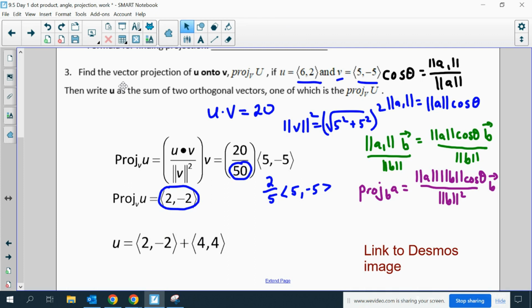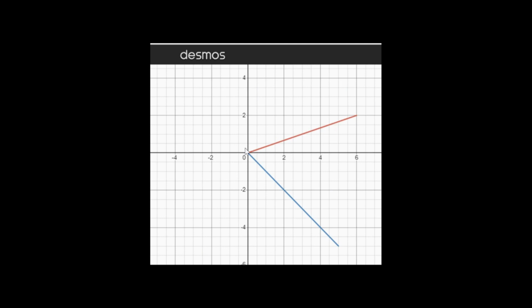And now I'm going to show that on Desmos and kind of show you what it looks like. On the screen, we have the vectors U and V. So U is in red and V is in blue. And our objective is to try and find the projection of U onto V. So what we're going to do is figure out if we cast a shadow of the red one onto the blue one, it would just be from here to here.